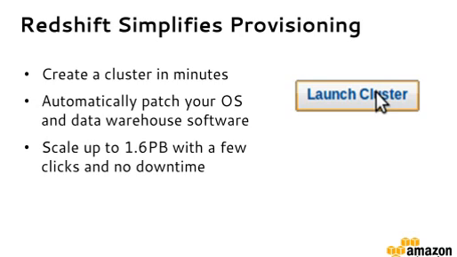As a fully managed service, Redshift accelerates the time to launch a new data warehouse. So this is the create cluster in a few minutes. This benefit of agility that we're giving to customers is something that they really try to convert into a competitive advantage. Included as part of the managed service is automation software and operating system patching, as I mentioned.